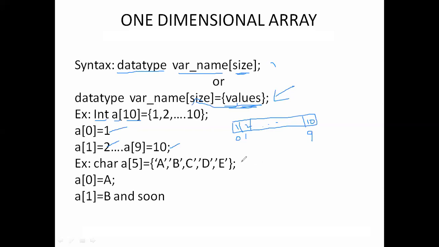We will explain that with an example in the next slides. Here I am taking the character a of 5. The index starts from 0, 1, 2, 3, 4. So a of 0 contains the value a and a of 1 contains the value b. In this way we represent the one-dimensional array.